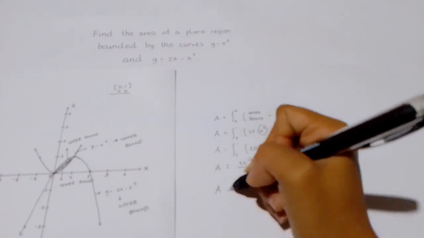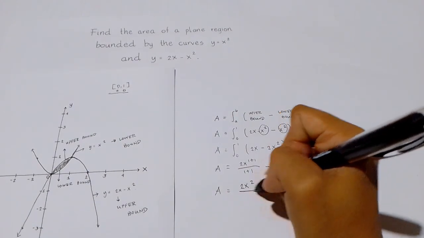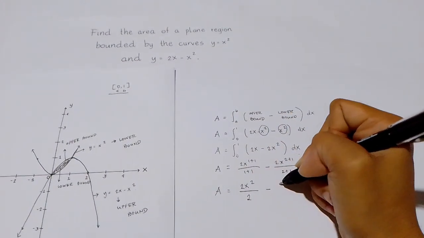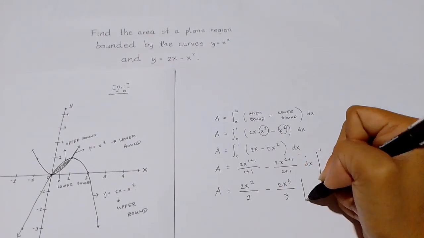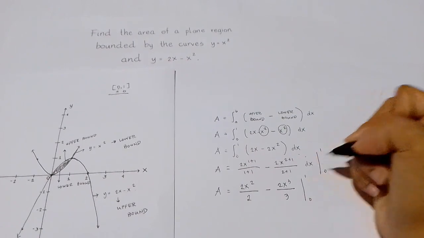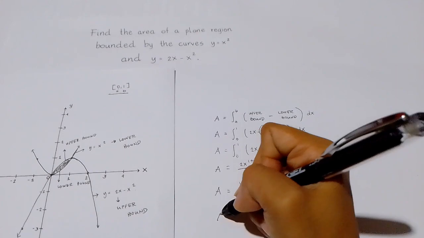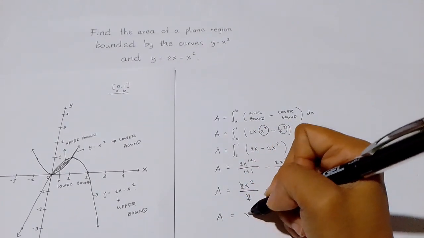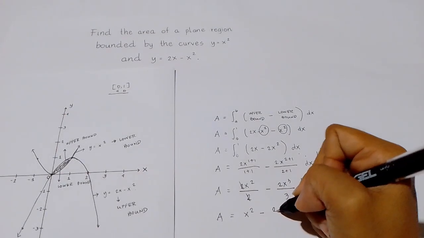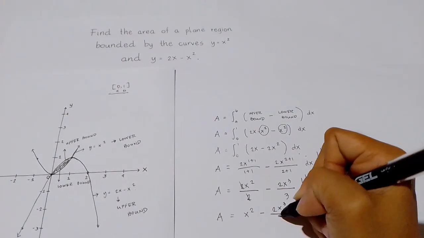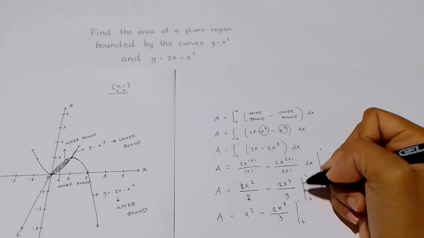So area is equal to 2x squared over 2 minus 2x cubed over 3, evaluated from 0 to 1. So cancel. We have area is equal to x squared minus 2x cubed over 3, evaluated from 0 to 1.